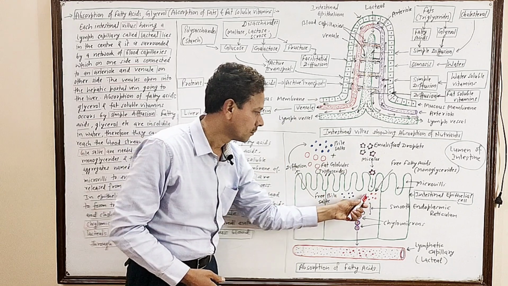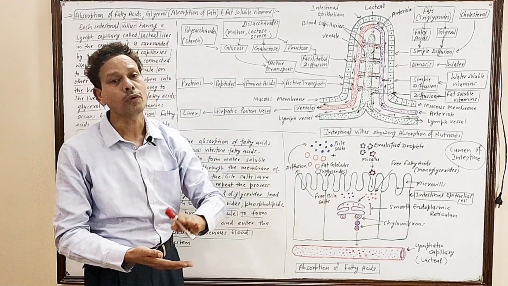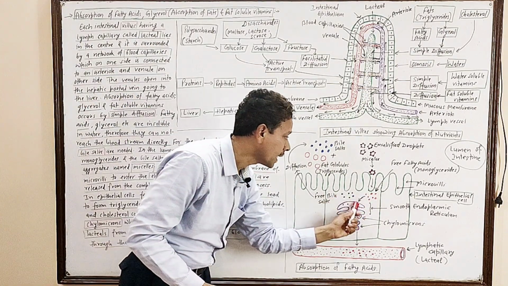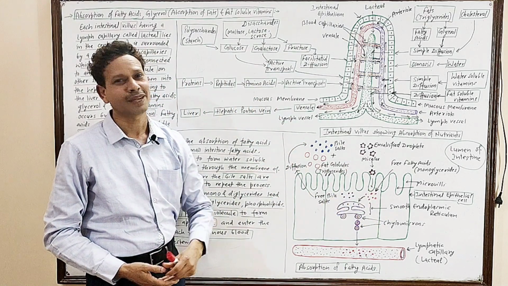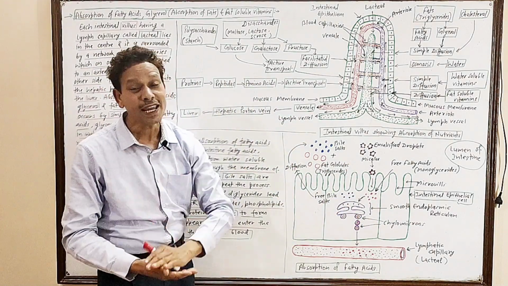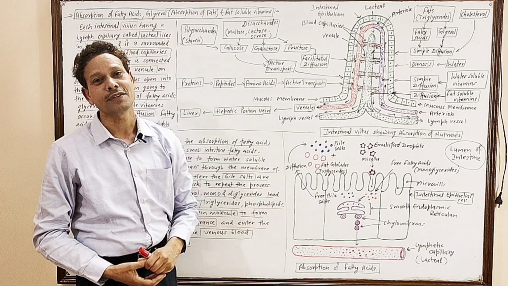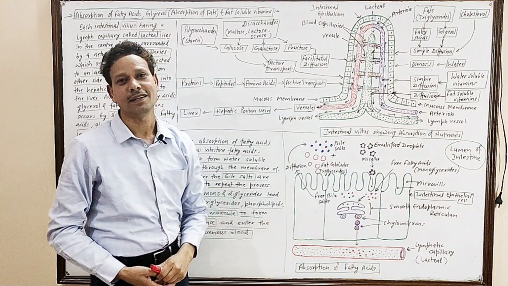Why? The fatty acids, glycerol, monoglycerides, diglycerides, all these fat substances interact in this epithelial cell and produce triglycerides. It means fat droplets are synthesized in these intestinal epithelial cells.